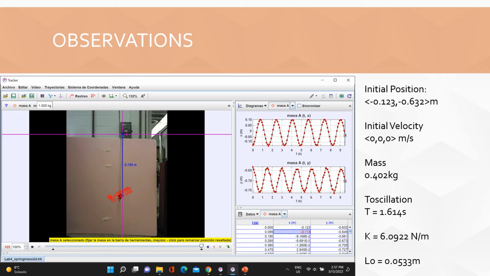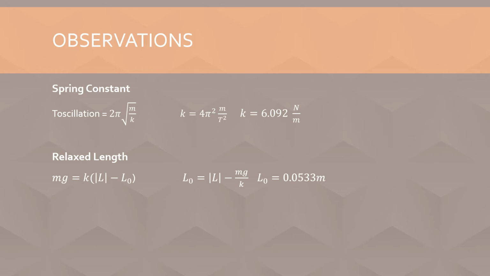To get those last two values, we had to do another procedure in order to put them into our computational model. To get the spring constant and the relaxed length, we took T oscillation, which is equal to 2 times pi times the square root of mass divided by the constant.